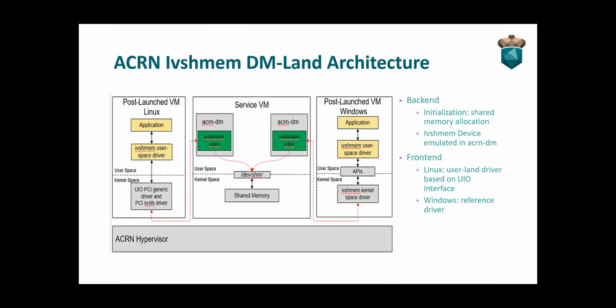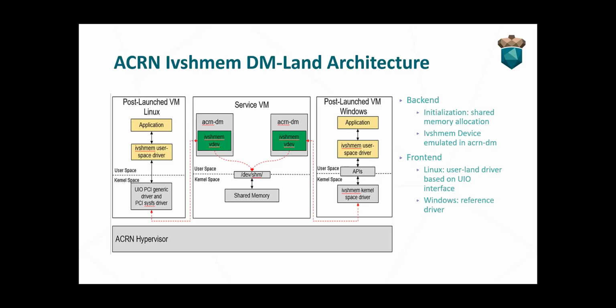This is regarding the DM-land IVSHMEM architecture in ACRN. You can see that a virtual device is emulated in the ACRN DM, and the shared memory is allocated from the SOS through the Linux shared memory interface. On the Linux side, which means the left block, the UIO driver is used to export the device resources to user space.